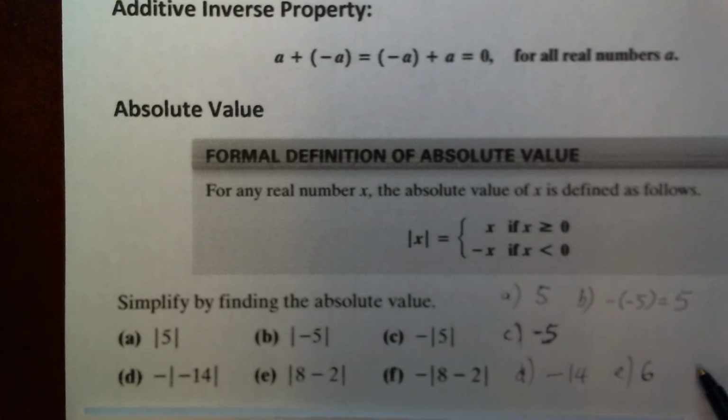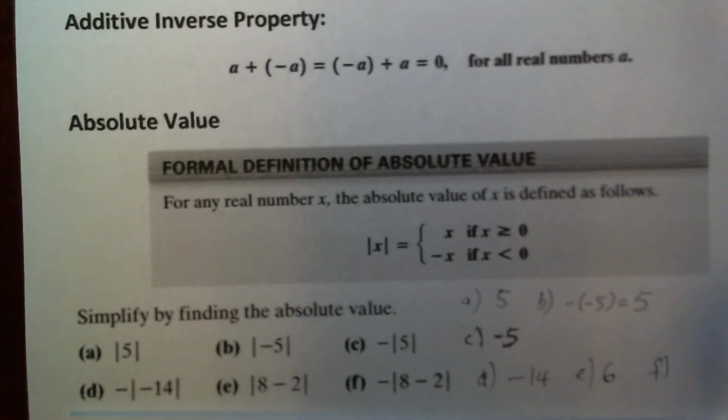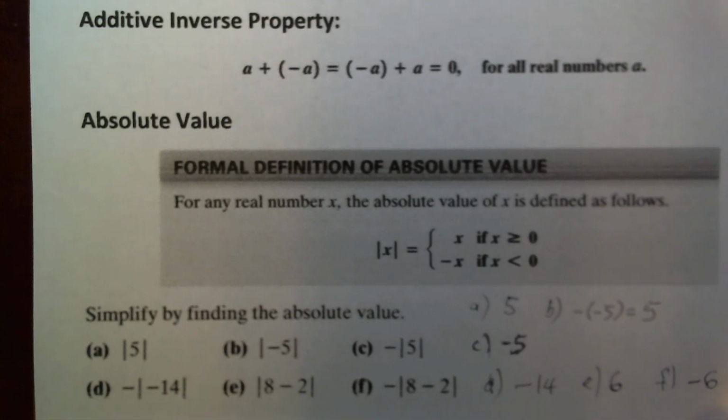So then for f, the answer is -6, because of the minus sign in front of the absolute value symbol. Like parentheses, the absolute value symbols are grouping symbols, but they function differently from parentheses.